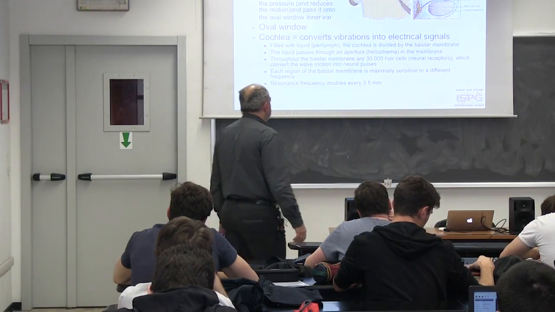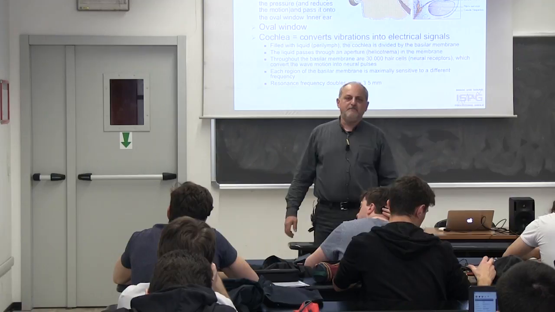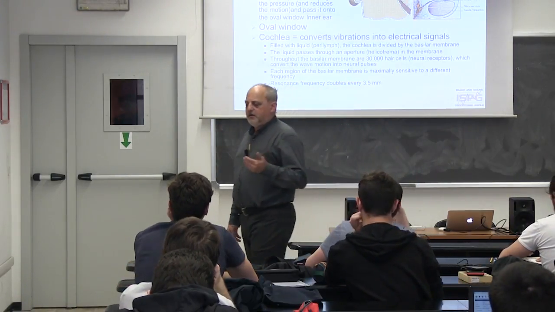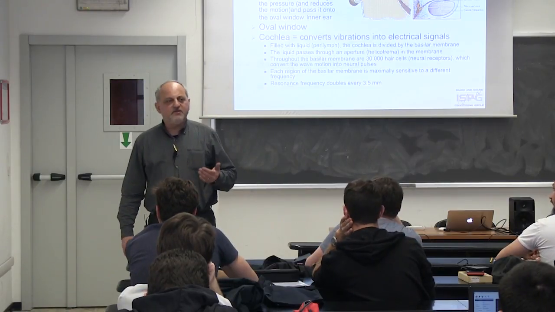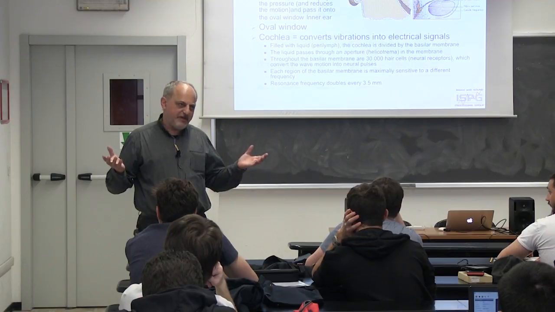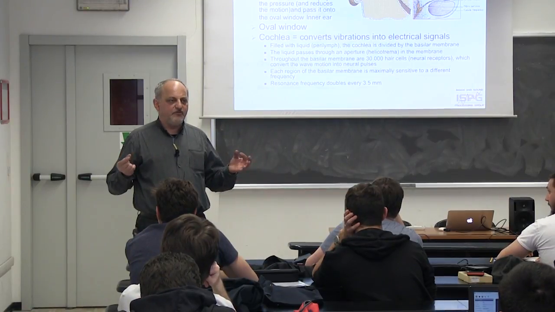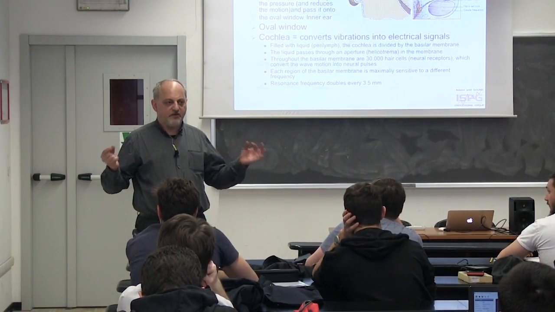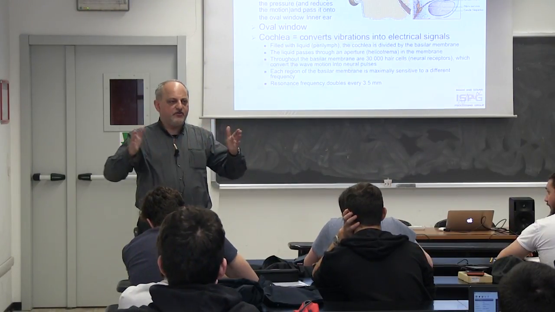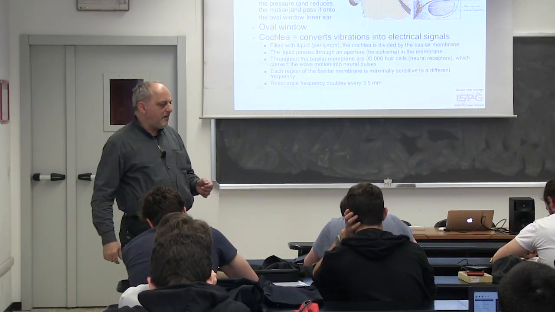So as we can imagine, we have basically a filter bank. Your receiving system is a filter bank made of a bunch, 30,000 to be precise, of filters tuned around different frequencies. And these different frequencies are regionally distributed over the basilar membrane.